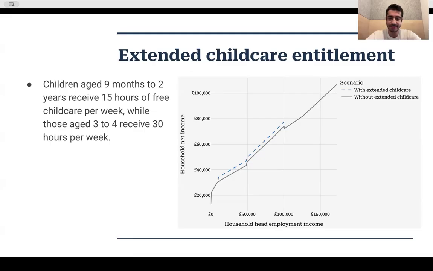Again, here you can see the change in household net income when the household head employment income increases. You can see, for example, that in a range of head employment income, when we apply the extended childcare, the net income of that household increases. And again, we have some cliffs here at 100K income.